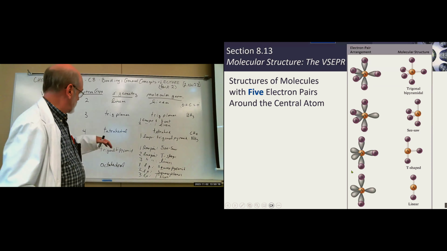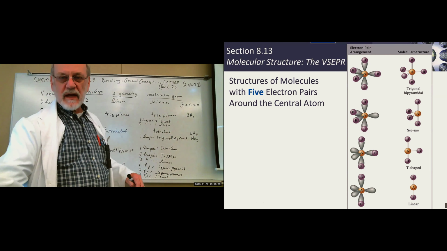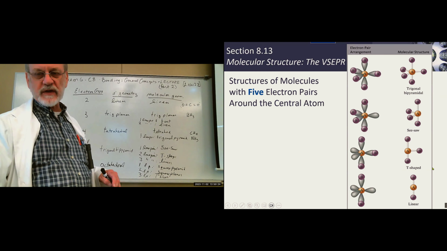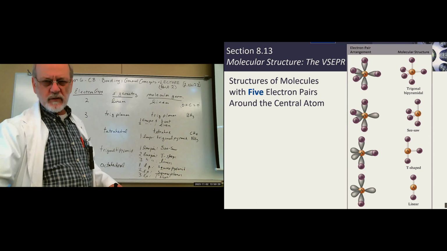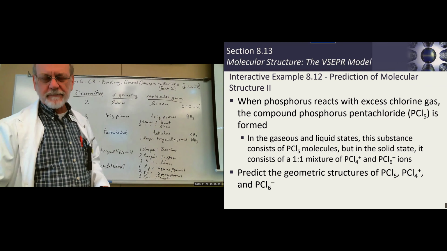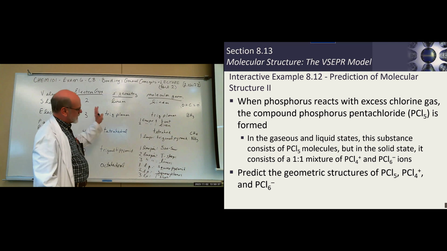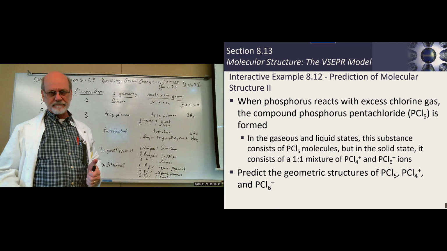If we have the trigonal bipyramid, and we're missing one, that's a seesaw. We're missing two, it's a T-shape. Missing three, it's a linear. So I got that one right. I'm not sure about the octahedron if we're going to show that one. No, it doesn't show an octahedron. Okay. It may be in your book, but I thought I'd put it together in a table like this so you could see all the possibilities.